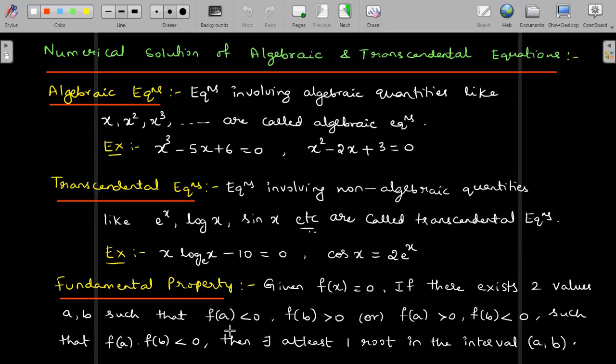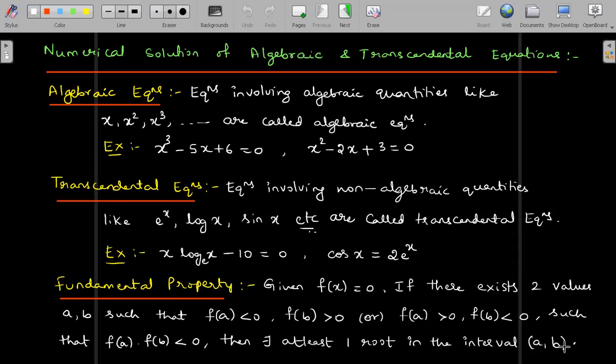Say f of a is less than 0, f of b must be greater than 0. Otherwise vice versa, that is f of a might be greater than 0 and f of b might be less than 0. Such that the product f of a into f of b will be always negative, less than 0. Then we can conclude that there exists at least one root within the interval a comma b.